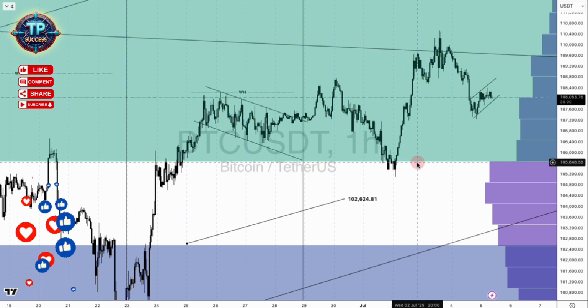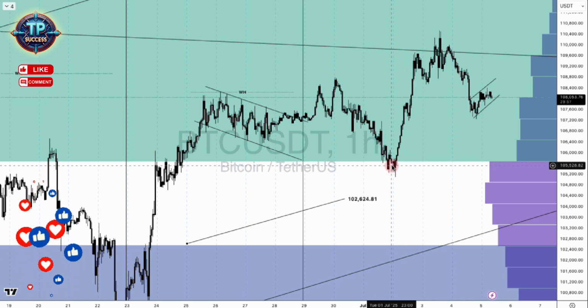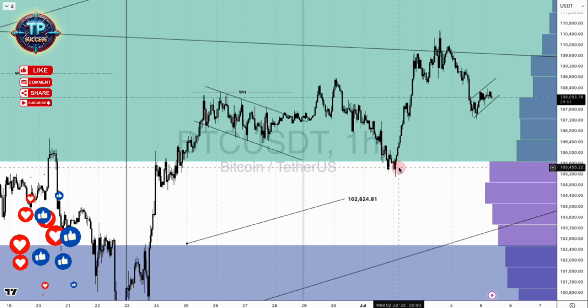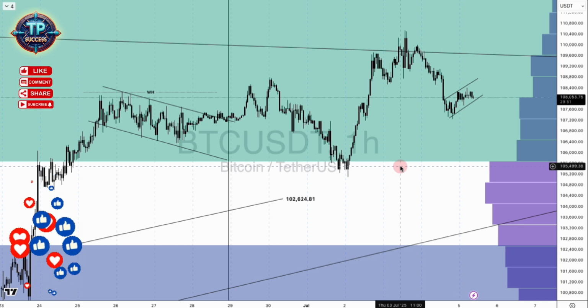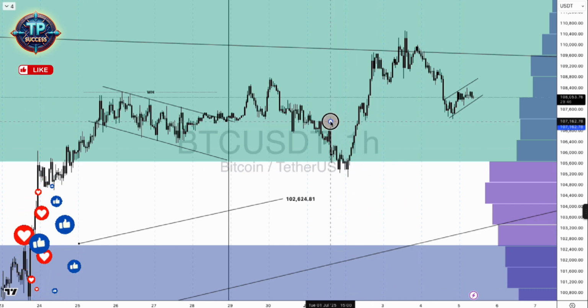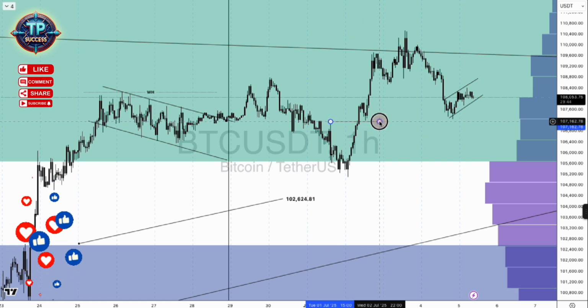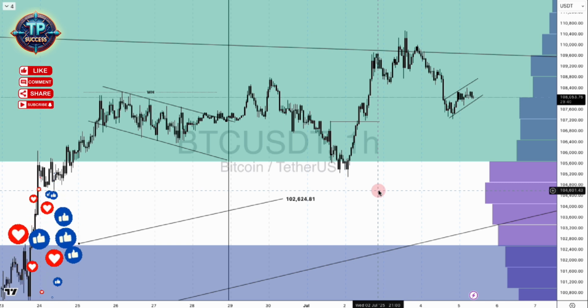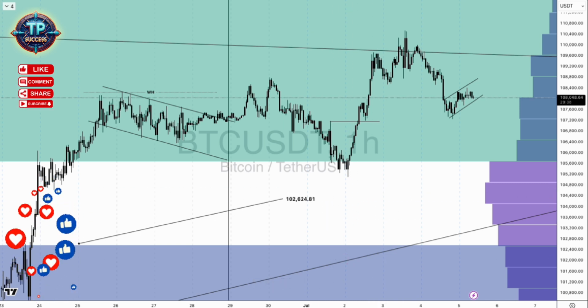Now in this case right here, the thing that would have helped us to know whether we're in a bad spot or not would have been these levels right here. So once price closed above this zone right here, that would have been an indication that you might be facing in the wrong direction.